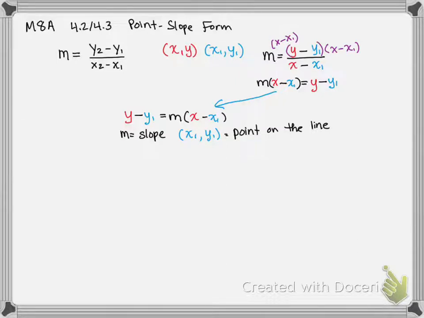Now, a lot of you last year were taught how to figure out what the y-intercept is if you know an ordered pair that's on the line and the slope, and then you'd plug it into y equals mx plus b. But I'm going to show you a whole different way to solve this. So we're going to do 3 different examples.